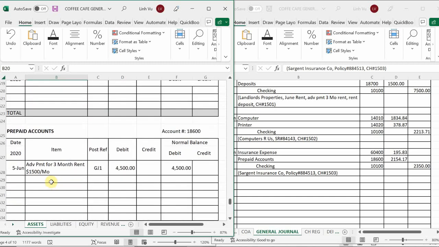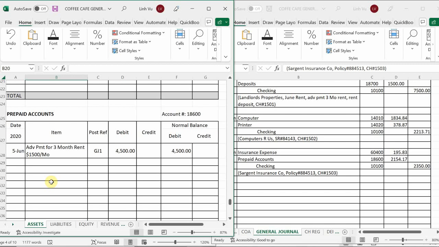Okay, here you go. So now I am adding another transaction into a pre-existing account balance. In this case, I've already used my prepaid accounts account before. Now I'm going to be adding a second entry in here. So therefore, I'm going to need to use that formula to get my account balance.